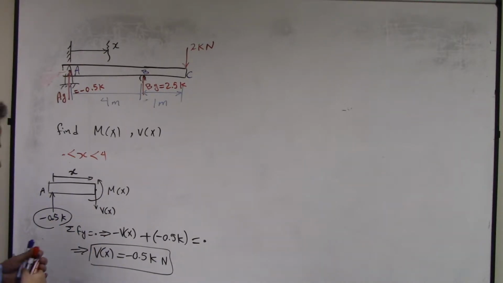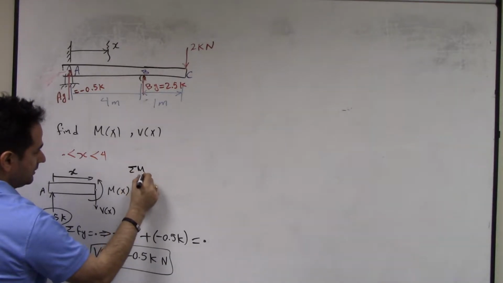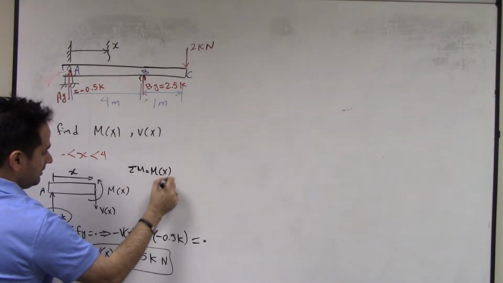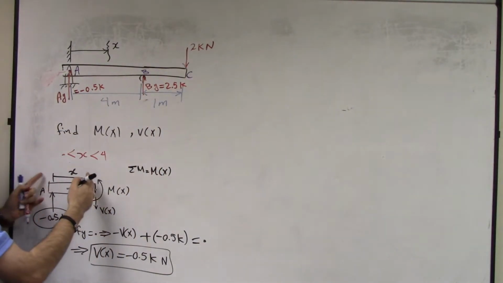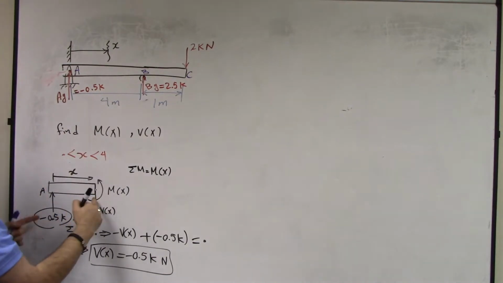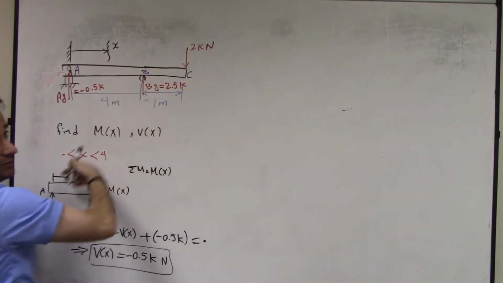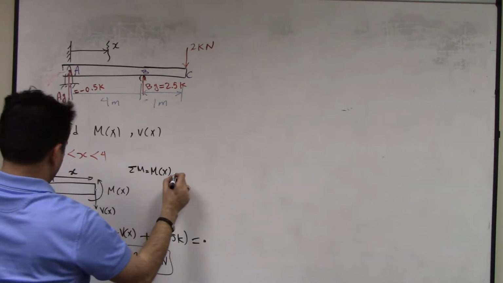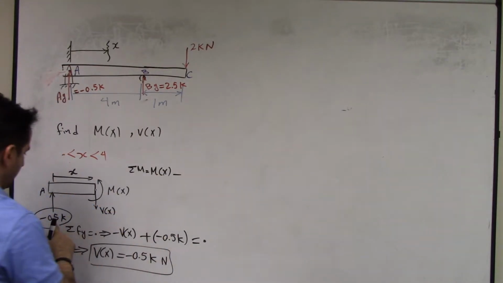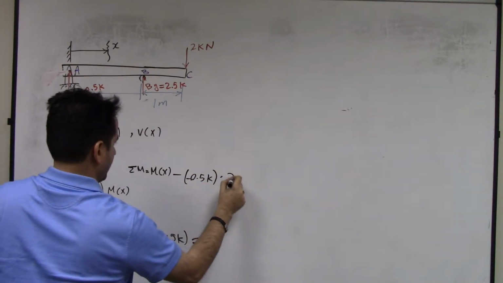Right? Now, let's go to the moment. If you write the moment around this point, then you get summation of moment is Mx. Look, everything on the right, 2k, does not have anything to do with the left. So for things here, I just need to consider this in my moment equation. I don't consider the other thing in my moment equation. So you have Mx here, and then negative, whatever this force is, negative 0.5k times x.